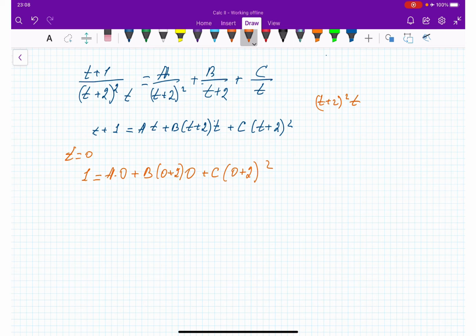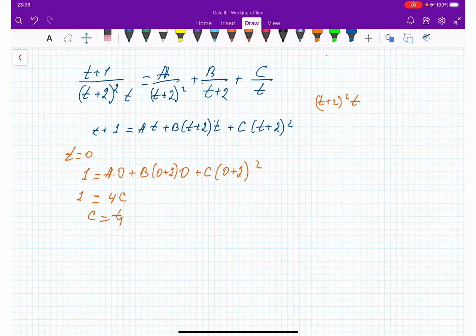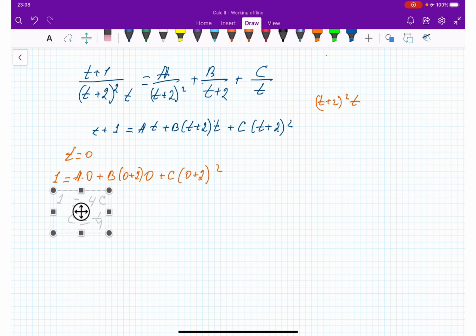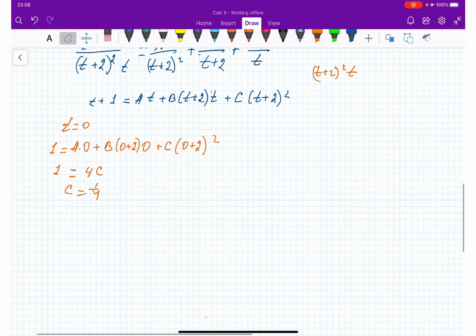So we have only 1 equal to 4c, and c is equal to 1/4. Yes? Okay. That's the first one. I don't want to get out of half of the page because I want to do it in parallel next. Okay, so c is equal to 1/4.